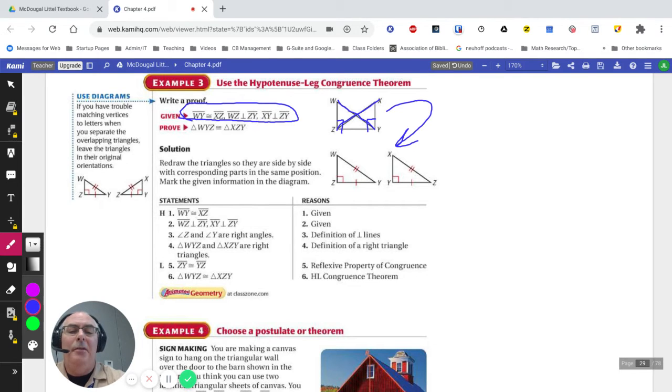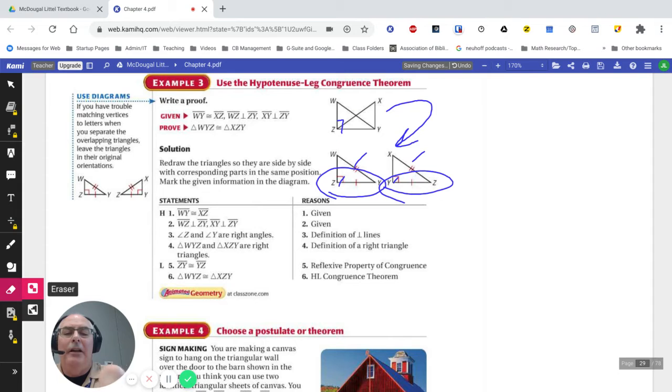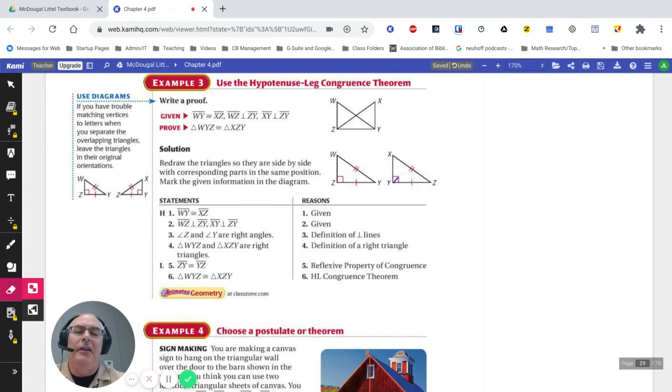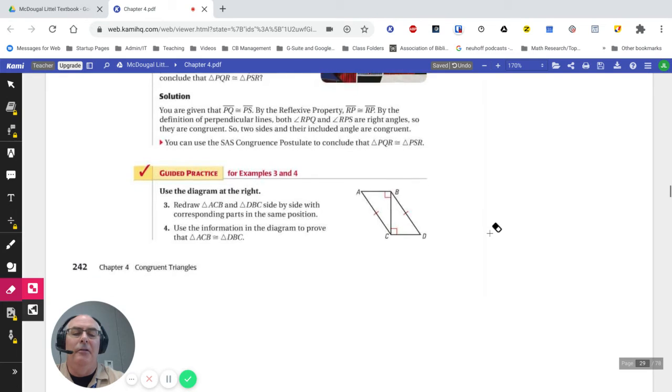When I break them out, like I do here, I was told that the hypotenuse of both are equal. I know I've got the right angle, so I'm working with a right triangle. And in this case, ZY and YZ are the same side. So I've got two right triangles with a leg that's equal. The hypotenuse is equal. So I know by definition those two triangles are going to be congruent as well.